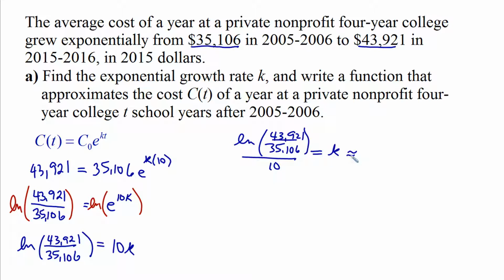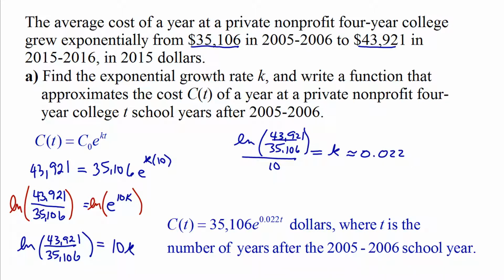We'll go ahead and round this so we have a value to place in our model. Typing this in your calculator, you should get approximately 0.022. Therefore, our model is C of t is equal to 35,106 e to the 0.022 t dollars, where t is the number of years after the 2005-2006 school year.